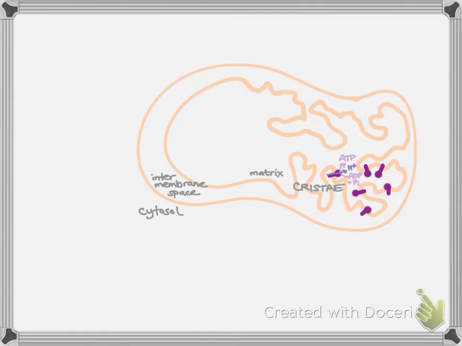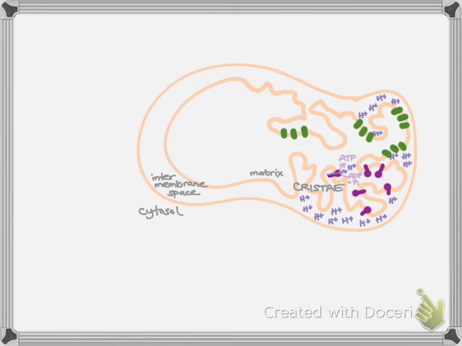So these protons are going to be driving the spinning of the turbine by flowing down their concentration gradient, which means that somehow we're going to have to fill up the intermembrane space with a ton of protons. We need at least a tenfold higher concentration of protons in this space than in the matrix because we need to drive that spinning. So the process that's going to generate that proton gradient is the electron transport chain.